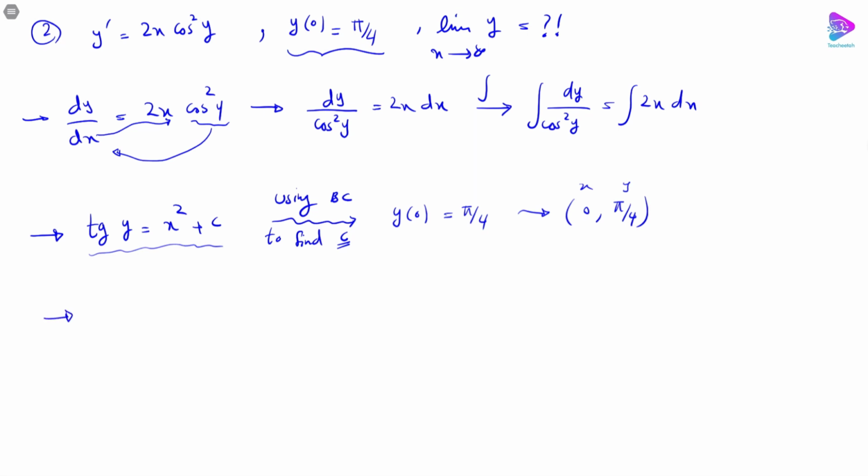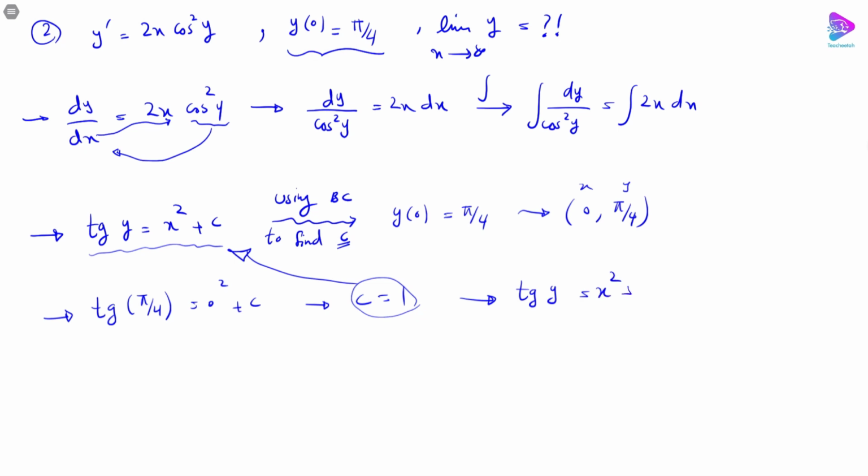So therefore, I'm going to have tangent of pi over 4 is equal to 0 squared plus c. Correct? So therefore, c is 1. Simple. So now, plugging c back in there, I'm going to have tangent of y is equal to x squared plus 1.